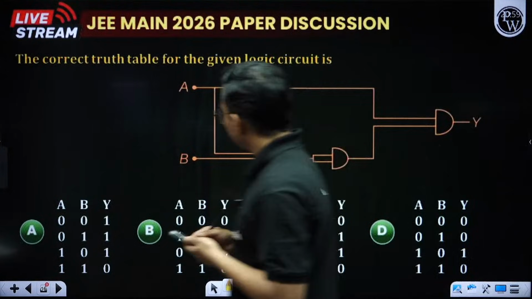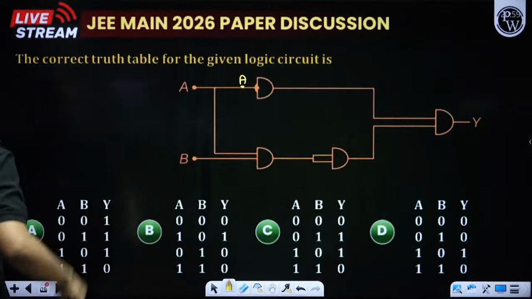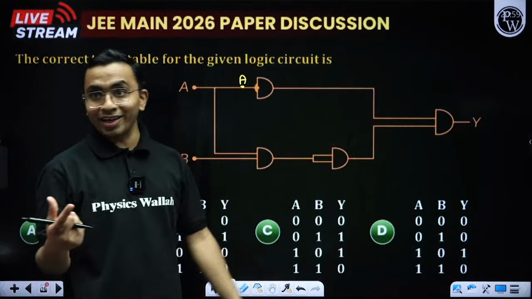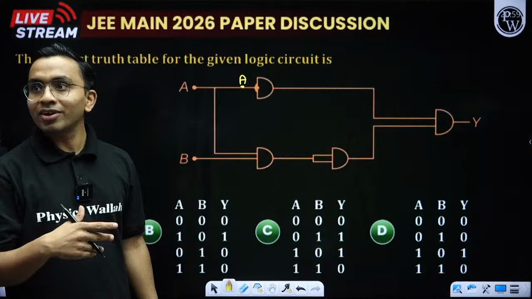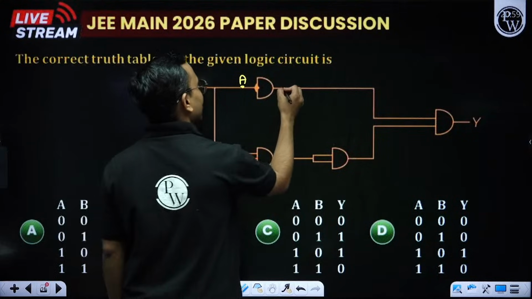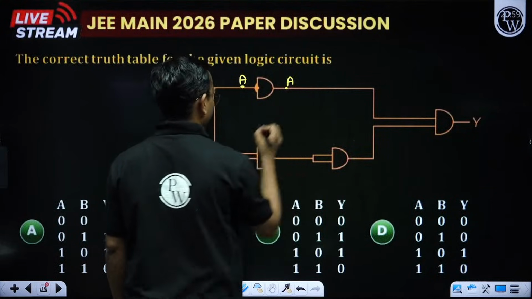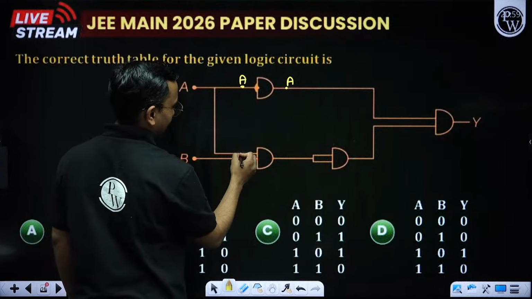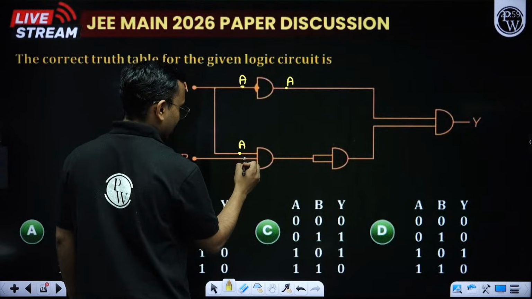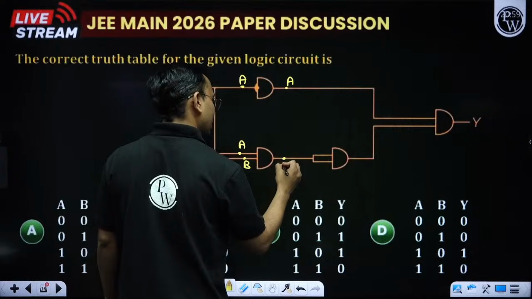Anyways, these all are AND here. I was thinking, why all are AND? Was there any NOT gate or like that? So this is A into A, this will become A. This is A, this is B, A into B is AB.